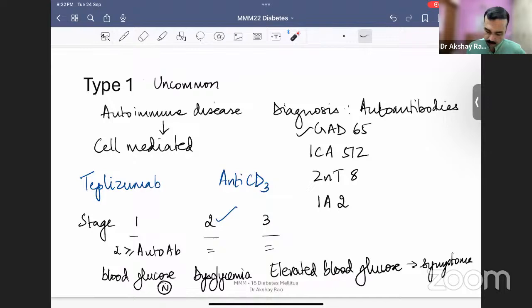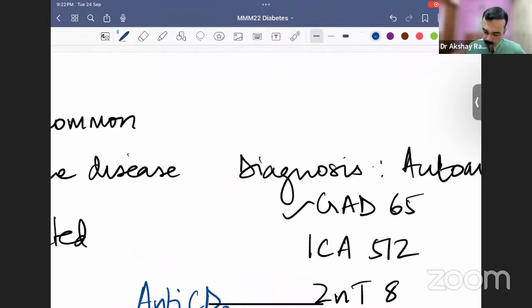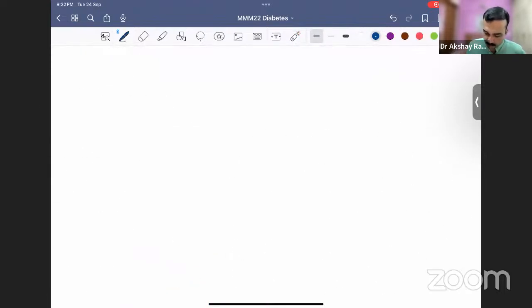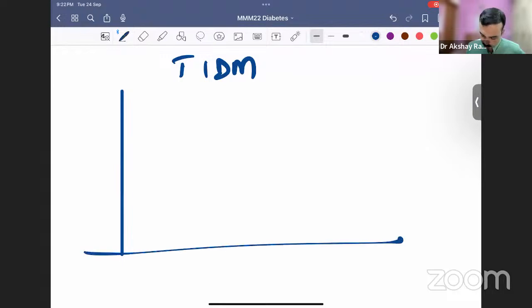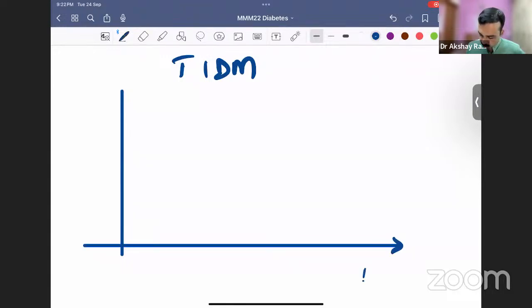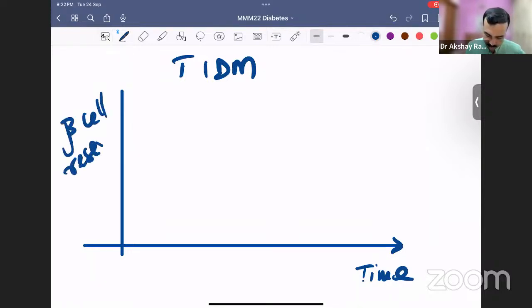Okay. So remember, when you're talking about type 1 diabetes, let us say this is a graph depicting time and maybe beta cell reserve in the islets of the pancreas. Initially there will be... let me just show how the decline in beta cells may be happening.